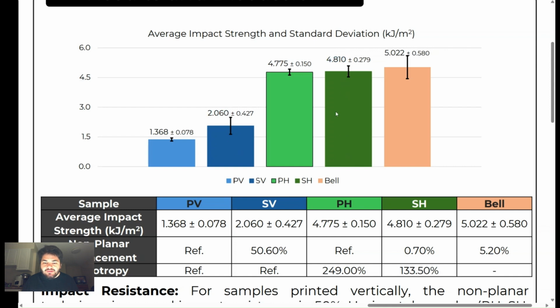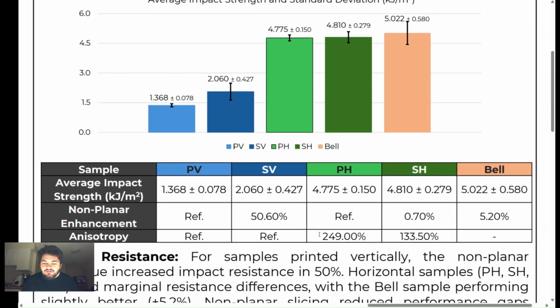So the anisotropy between the sinusoidal ones was lower than the anisotropy between the planar ones by roughly 50% as well.